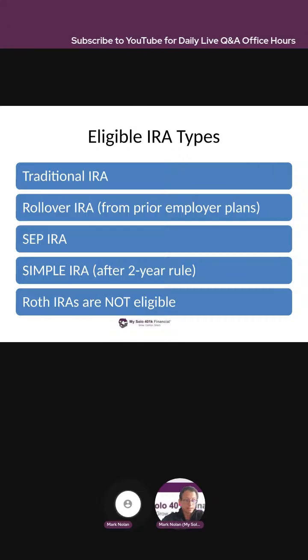That's known as the 2-year participation rule. Now, of course, Roth IRAs are not eligible for rollover into a solo 401k plan. I know that a couple of congressmen this year have put together a bill proposal to allow for the transfer of Roth IRAs to the Roth solo 401k plan.